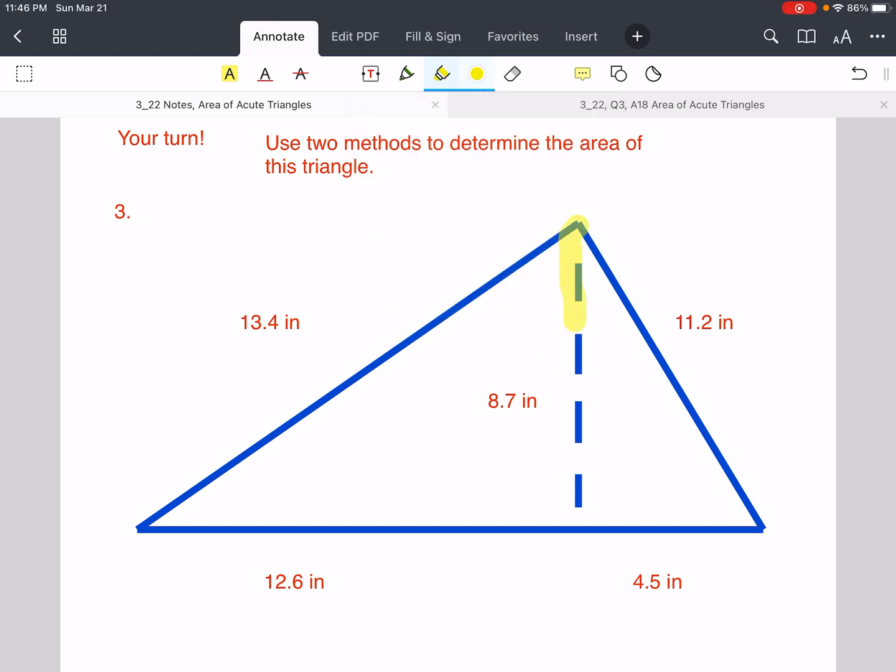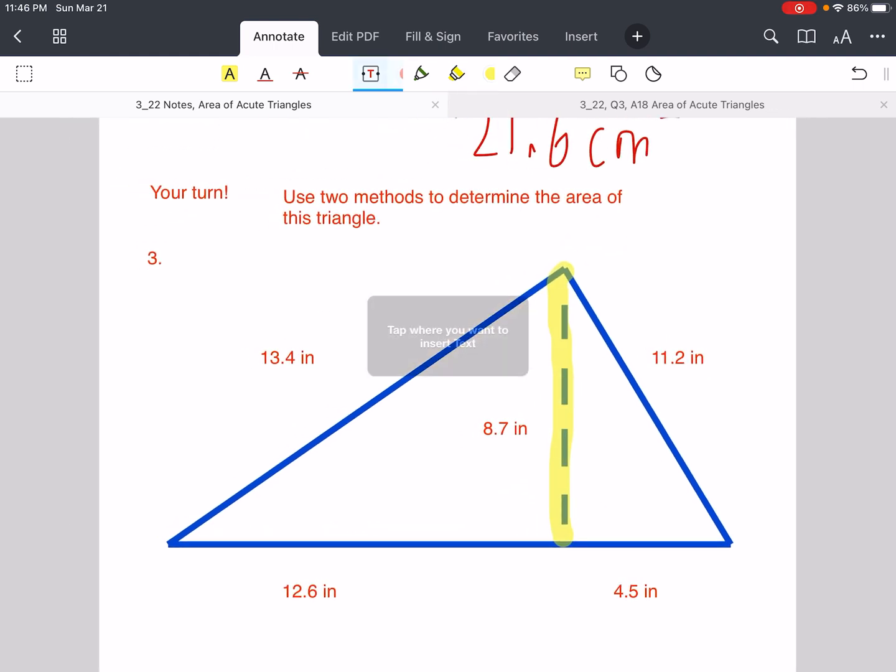All right, so you should have had your imaginary height line here, separating it into two triangles. And for the first one, you would do base, which is 12.6, times 8.7 divided by 2, which if you use a calculator, 12.6 times 8.7 and then divided by 2, that gets you 54.81.